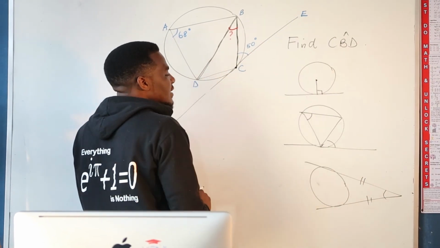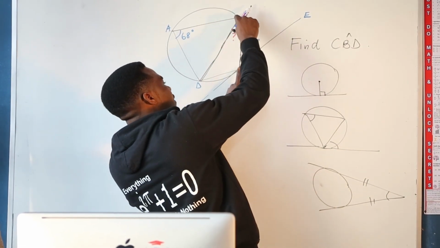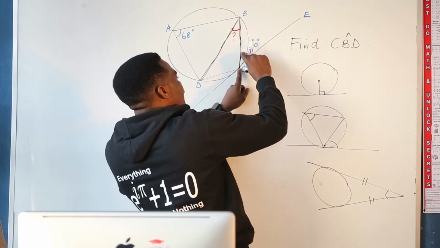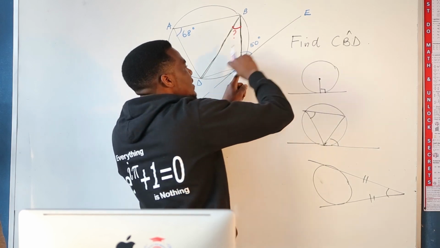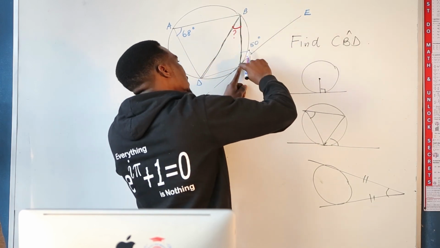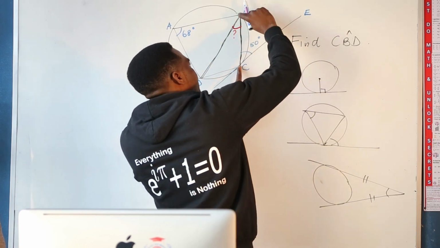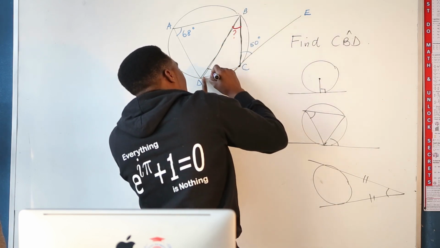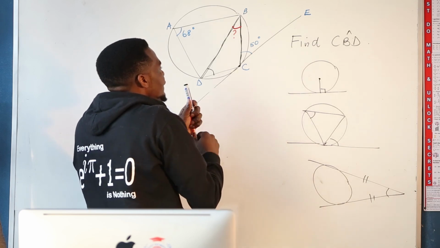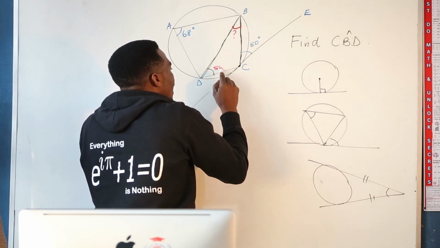Yes, we have a tangent here. Do we have any chord? Yes, there is a chord here, chord BC. So 50 degrees is the angle between chord BC and this tangent. So the angle between this chord and the tangent should be the same as the angle subtended by this same chord in the other segment. So this angle is also 50 degrees. How do we know?